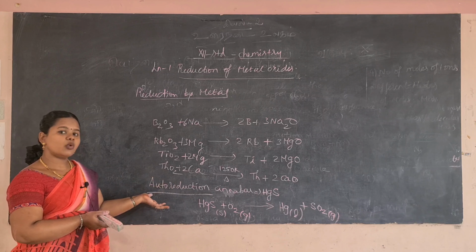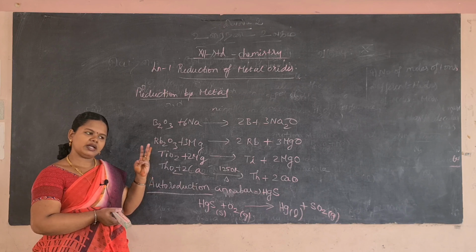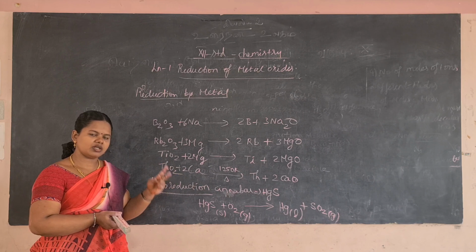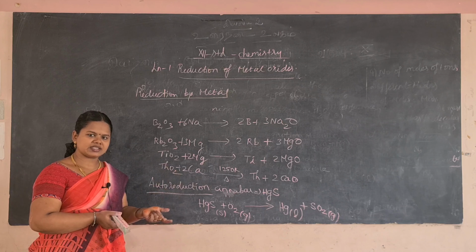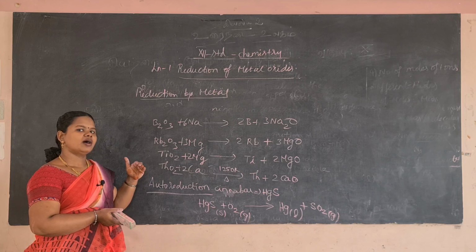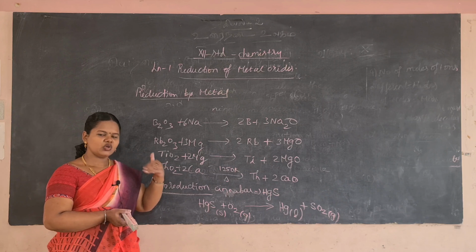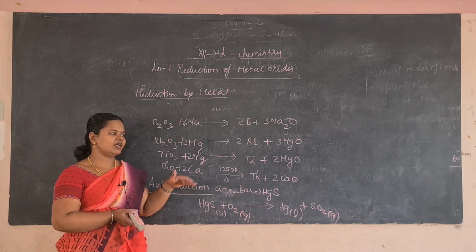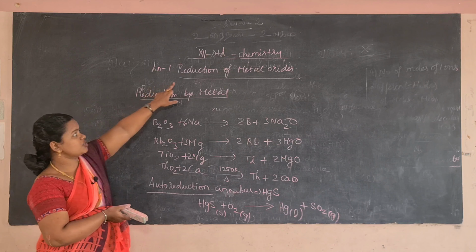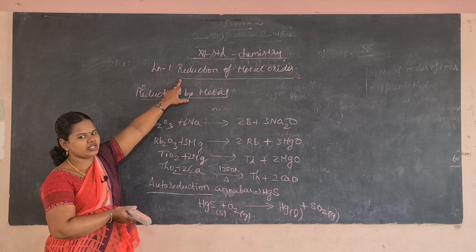So today we saw the third step. The first step I told you was concentration of the ore, which involves many methods: froth flotation, hydraulic washing, electromagnetic separation, and leaching. The second step in the extraction is the conversion of the ore to metal oxide using calcination and roasting. And the third step is reduction of metal oxide to metal by using different reducing agents.